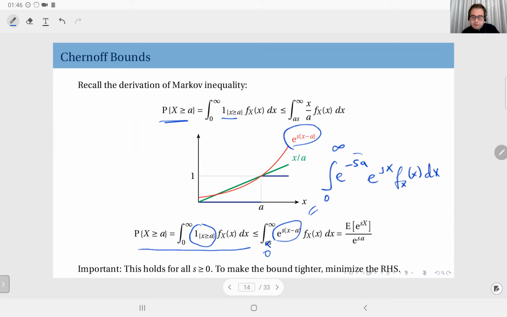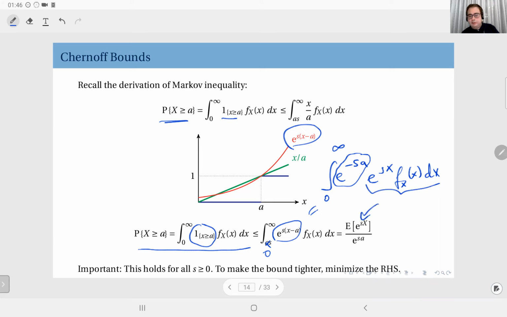Now you see this term does not depend on x. Therefore, I can pull it out of the integration. And the remainder gives me the expected value of this function, e to the power s times x.